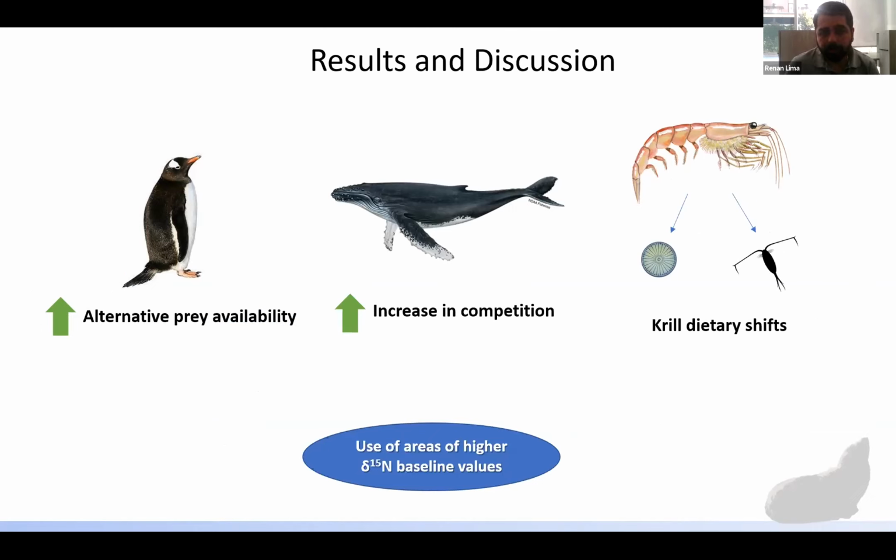So for that reason, we hypothesized that the increase in nitrogen after 1998 might actually be related to a combination of different food web shifts and also the use of different foraging areas. So for example, there's been an increase of alternative prey availability, such as gentoo penguins, who are thriving in their environment in recent years. And there's also been an increase in competition.